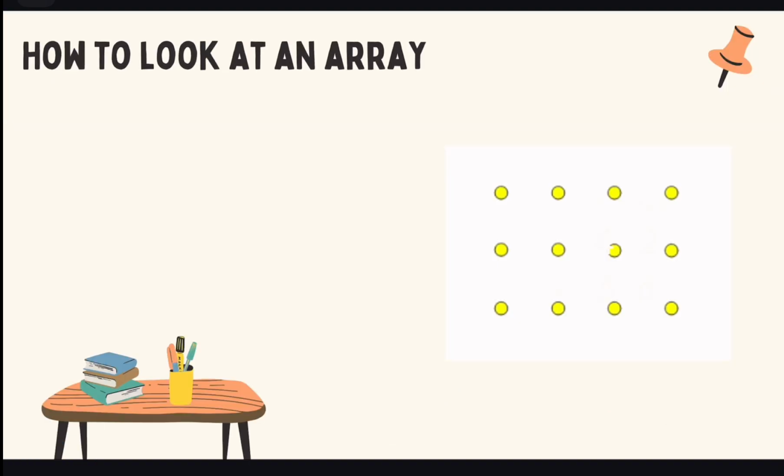All right, on the screen I have a picture of an array, and I apologize, one of my yellow dots is kind of messed up. It kind of is missing the side there. But this is how you need to look at an array when you are solving a multiplication problem. First, we need to count the number of rows. Remember, rows go across horizontally. So in this picture, I have 1, 2, 3 rows.